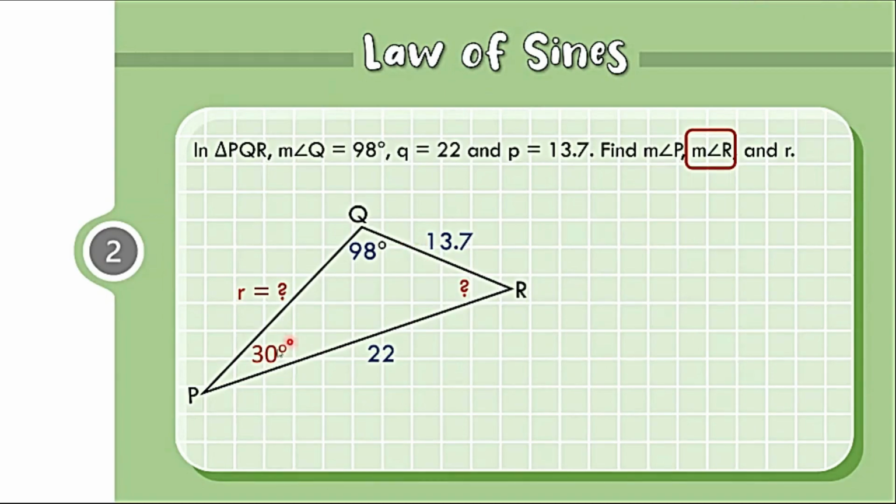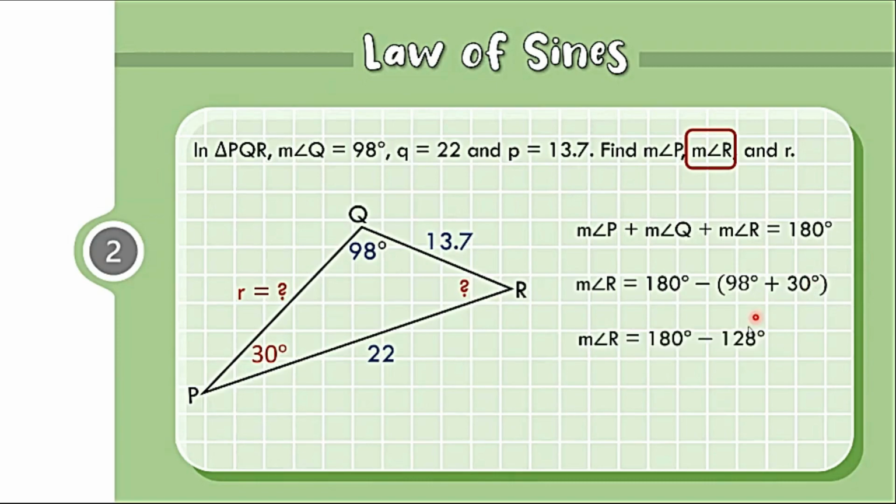Since we have here the measures of these two angles, and we know that the sum of the measure of angle P, angle Q, and angle R is equal to 180 degrees, then for us to get the measure of angle R, let us simply find the difference between 180 degrees and the sum of the measures of angle Q and angle P. Therefore, 98 degrees plus 30 degrees is equal to 128 degrees.